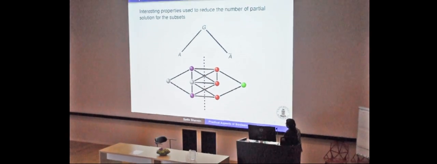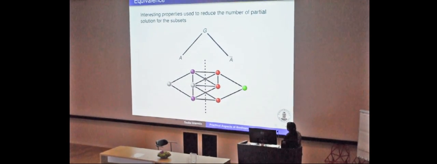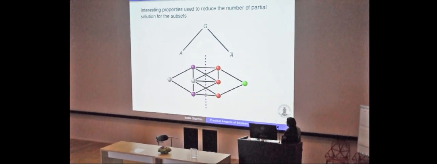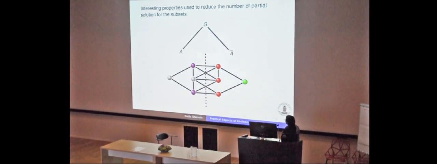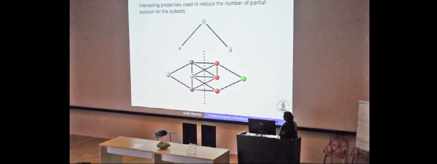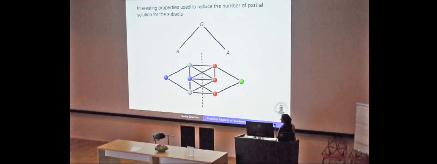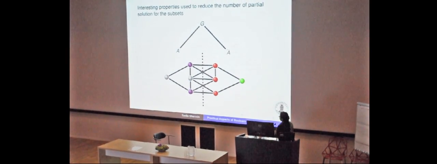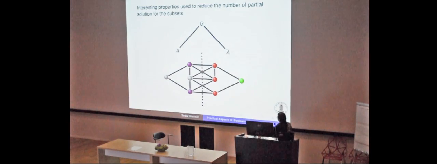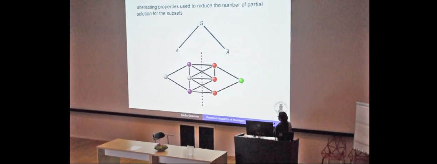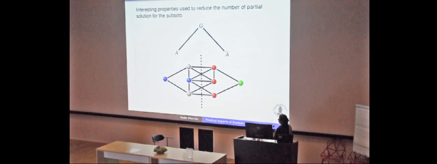Any independent set in this A bar side or on the other side, excluding these vertices from the independent set, can be matched with either the blue independent set or the purple independent set. And from the perspective of complexity, there is no difference between these two sets.